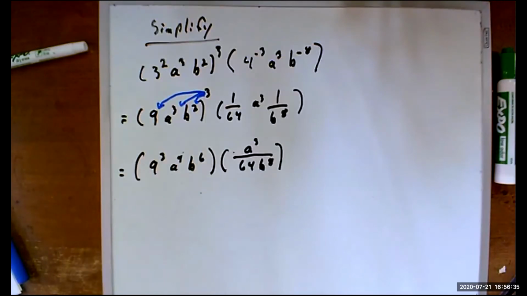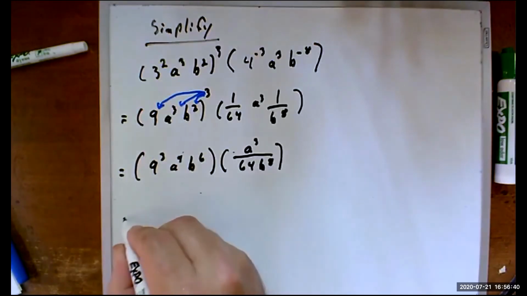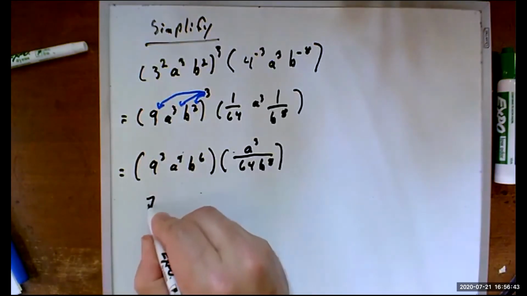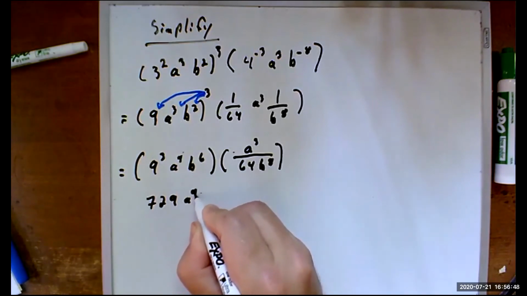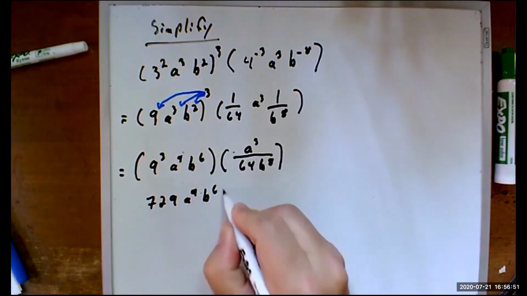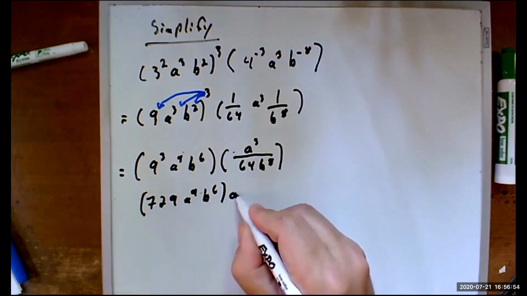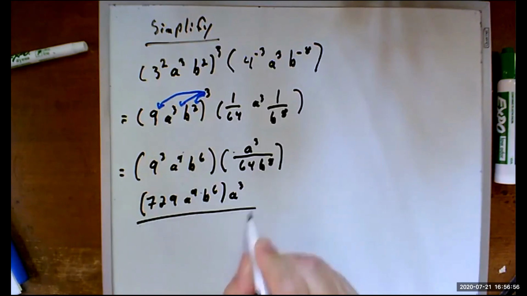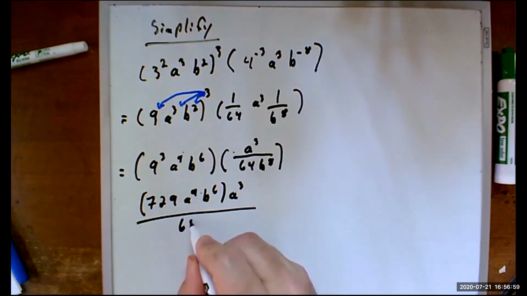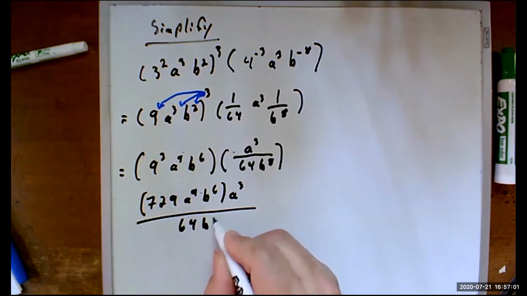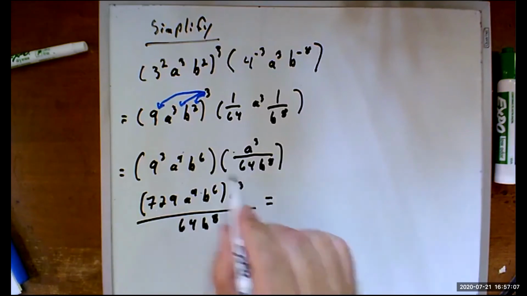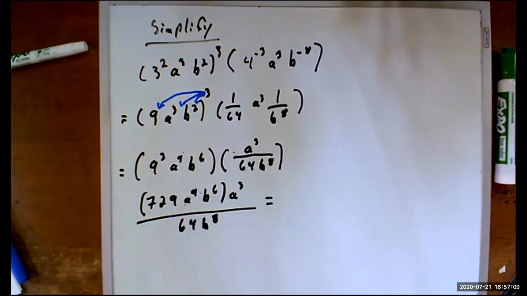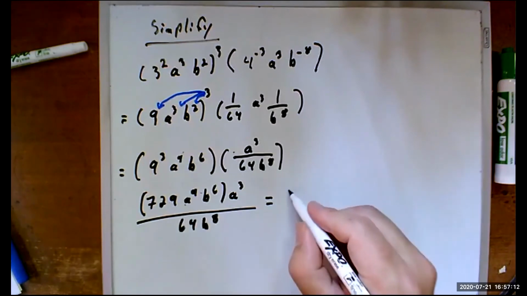Now I can multiply these two sides together. While I do that, I'm going to take my 9 and raise it to the 3rd power. And I end up with 729, a to the 9th, b to the 6th, times a cubed, and then on the bottom I still have my 64b to the 8.